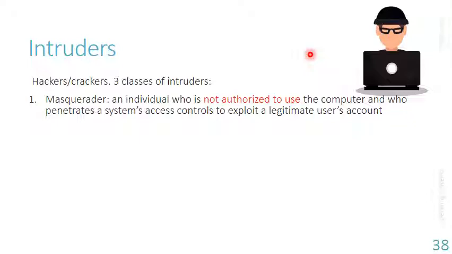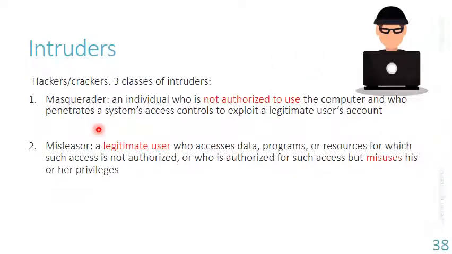So basically, you could be a basic user and a non-administrator. So you're a legitimate user, but you're not allowed to use certain parts of the computer, right? And here is a misfeasor. So a legitimate user is someone that is not allowed to use some parts of the computer, but actually gets to do so.